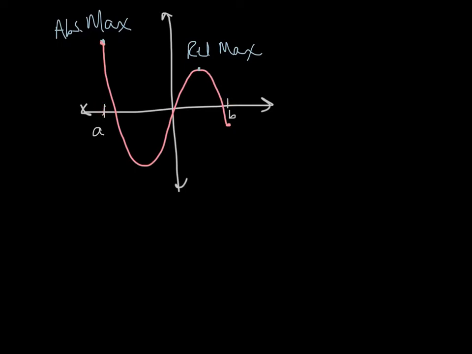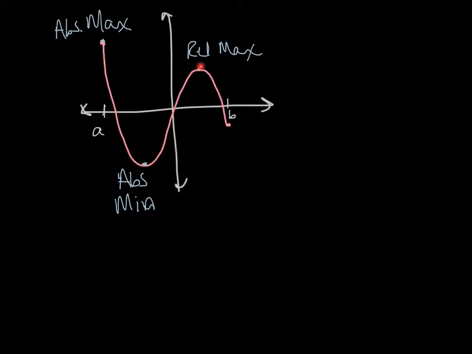Okay, so now looking at that graph, where would you say the absolute minimum would be? I would say that the absolute minimum would be the very lowest point, and that would be right here, absolute minimum. So in this case, our relative min also became the absolute min.